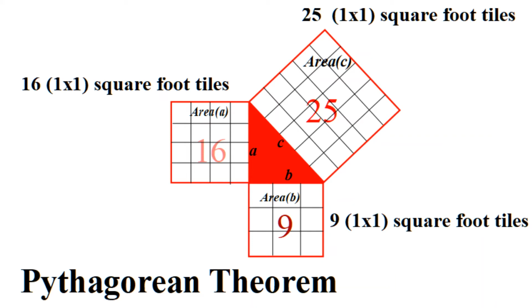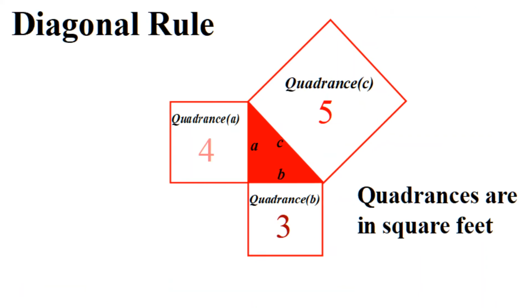This is a distinction that is very seldom taught in our math classes when studying the Pythagorean theorem. The Quick diagonal rule says that if we square the linear measures of 3 and 4 respectively, we form quadrances consisting of a linear measure: 3 squared equals 9 and 4 squared equals 16 respectively. Thus 3 may represent a quadrance of area 3 square feet or a quadrance measuring a length of 9 linear feet.